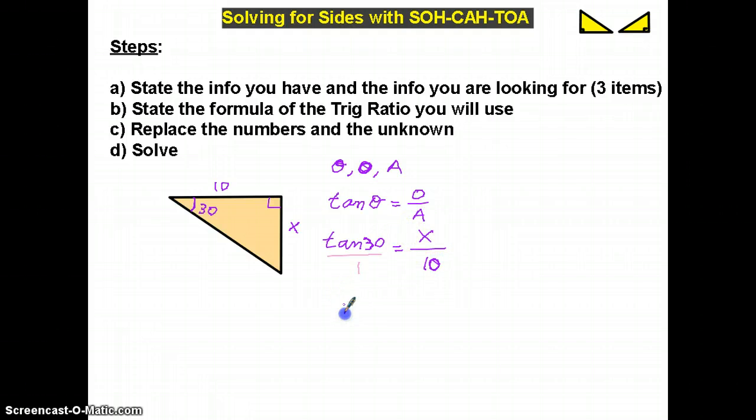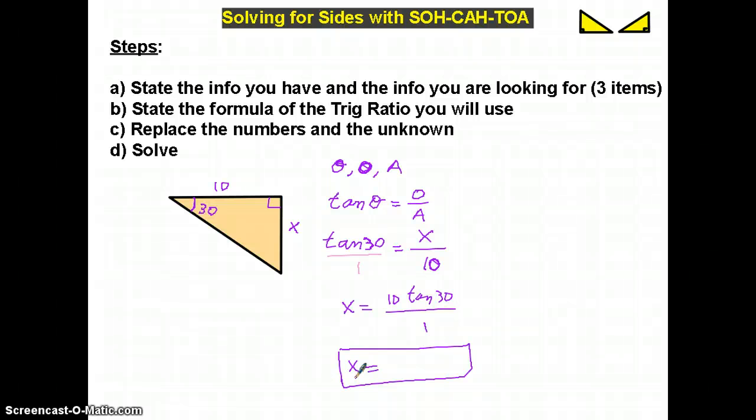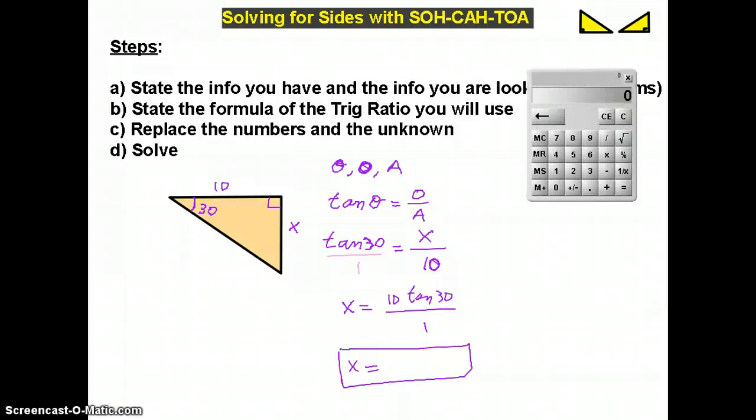My x is going to be equal to, right across from the x is the 1, so I would divide by 1, and then the other two will multiply. 10 times tangent of 30. Make sure that your calculator is in degrees, and just plug that into your calculator, and you will get your answer for 10 times tan 30. I don't think this calculator has tangent. Let me just pull it out. No, it doesn't. So I can't show you how it's done, but you should be able to get that answer, no problem.